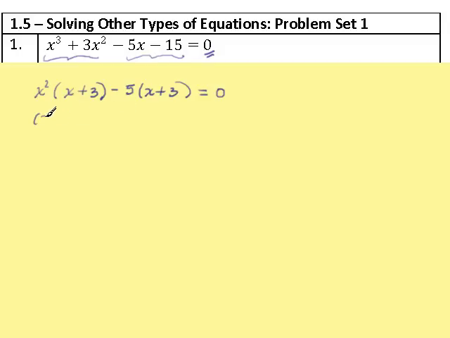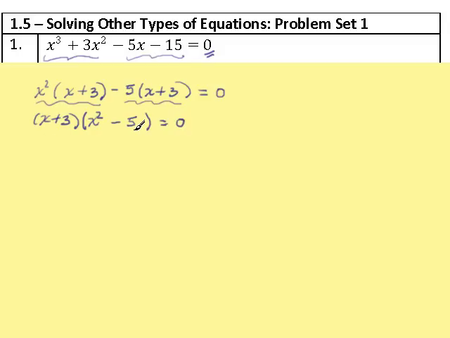So let's put the x plus 3 on the side. We pulled it out of this first group, and we're left with x squared. And we pulled the x plus 3 out of the second group, and we're left with minus 5.